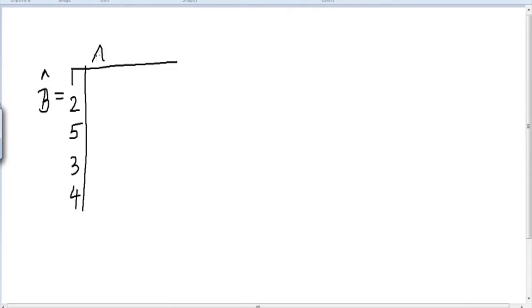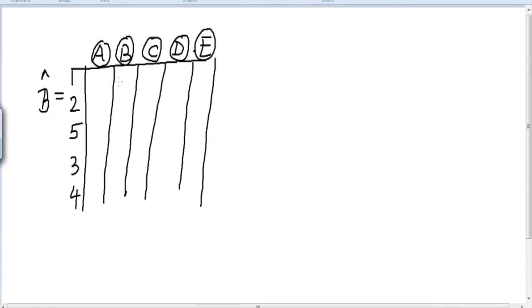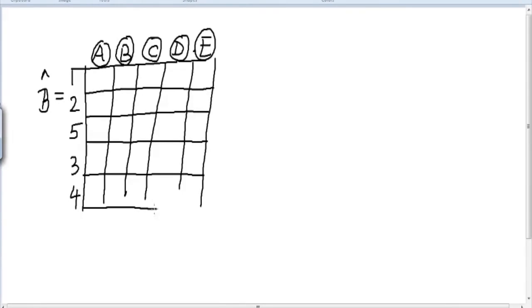Then copy the entire contents of the B matrix as it is, and then add two more columns because there are two links for this problem. So we will add two more columns over here, that is D and E. So just copy the content of A, B and C from the previous matrix and then add the contents of D and E. For D and E, it's very simple for us.